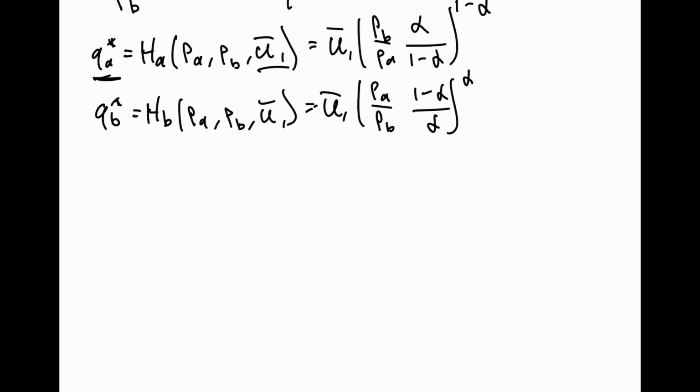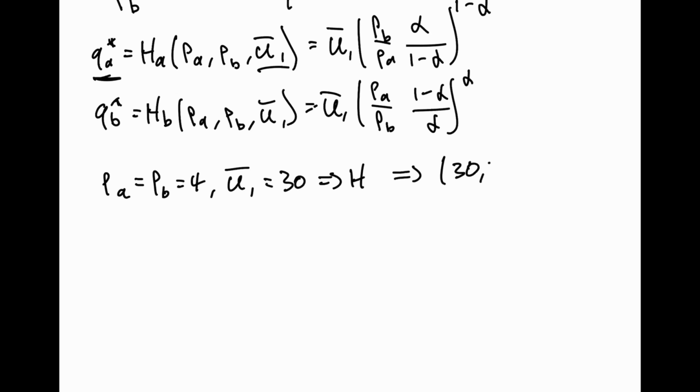So let's just go ahead and calculate this. I'm not going to walk through all the steps here, but plugging in a price of 4 and a utility of 30 into the Hicksian gives us a bundle that's 30 and 30.